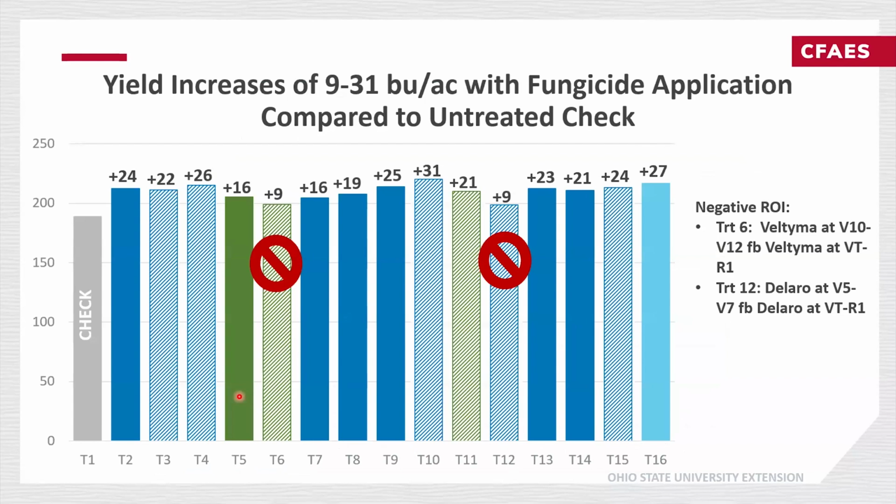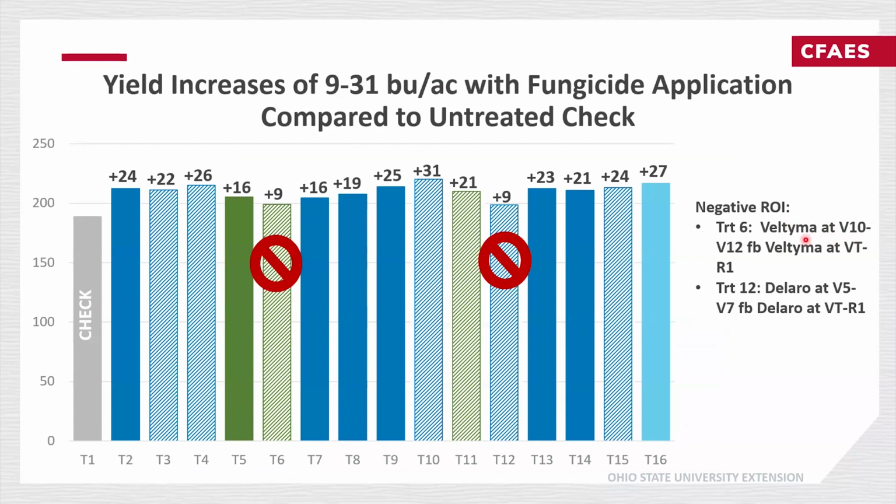And when we look at those 15 fungicide programs, 2 gave us a negative return on investment. So treatment 6 and treatment 12. And the common thread between those 2 were they were 2-pass programs, but that first pass was done earlier.